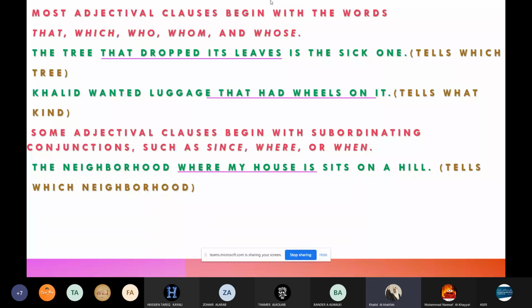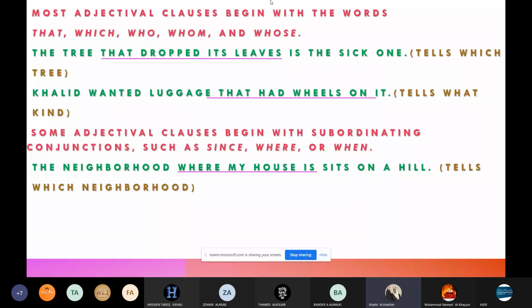Like in here, the tree that dropped its leaves is the sick one. It tells which tree. Khalid wanted luggage that had wheels on it. Tells what kind.